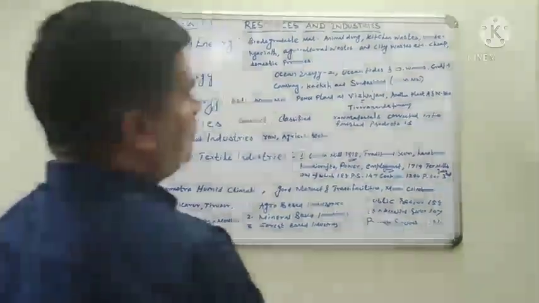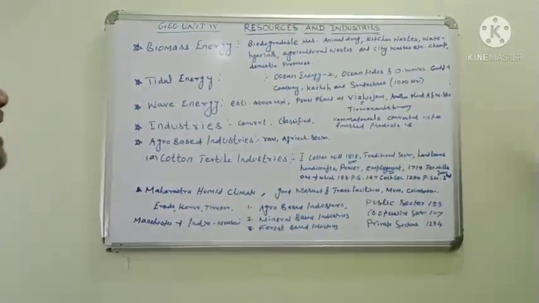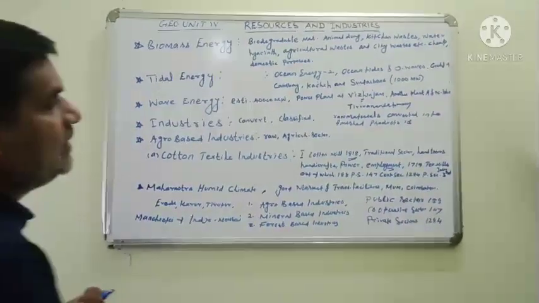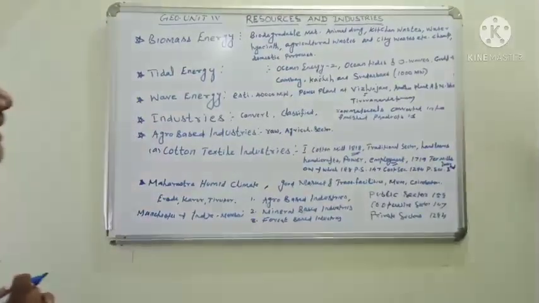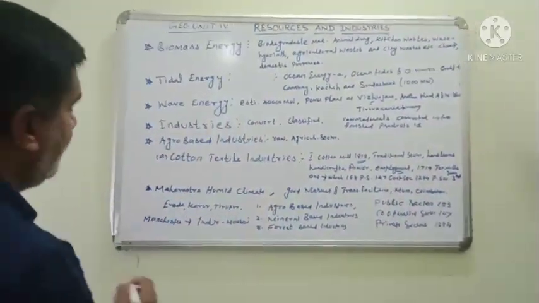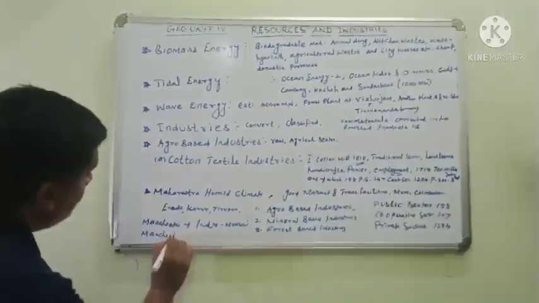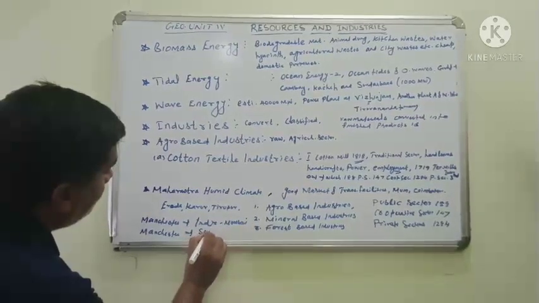And also in Tamil Nadu, Coimbatore has many cotton textile industries, and textile mills were established in Coimbatore. So Coimbatore is known as the Manchester of South India.